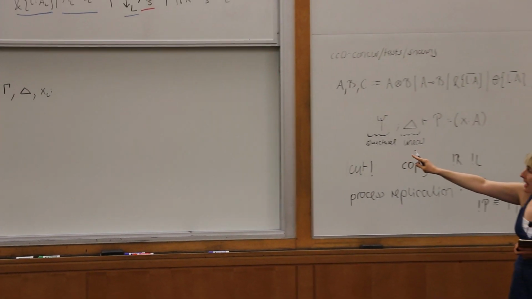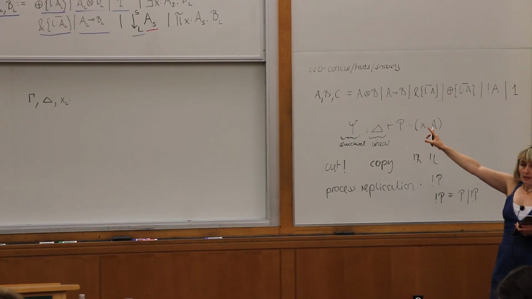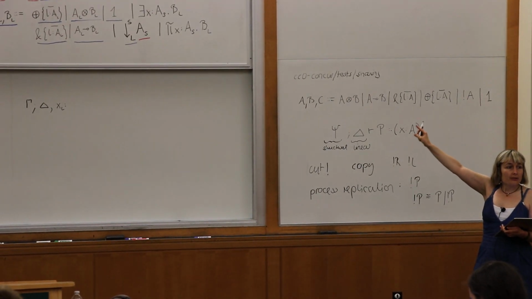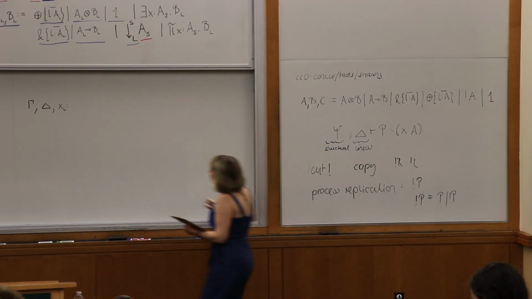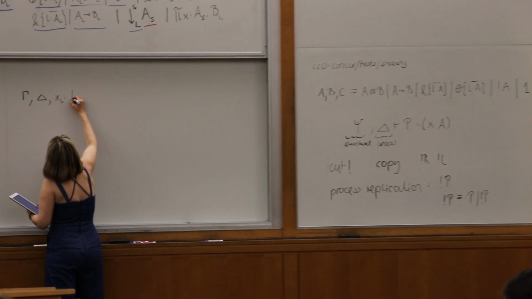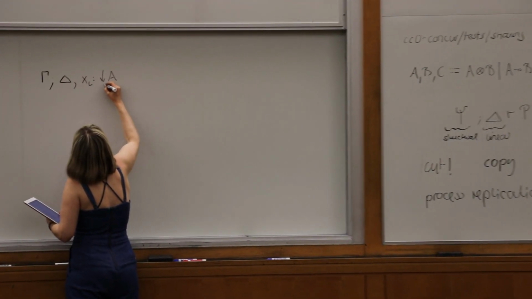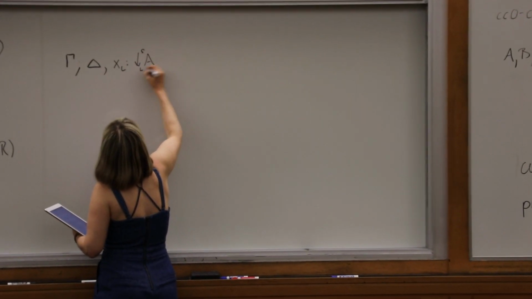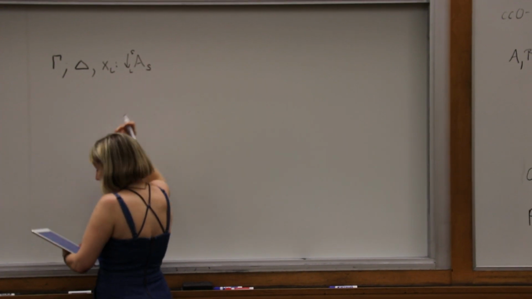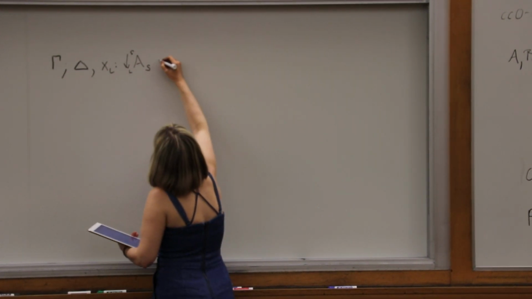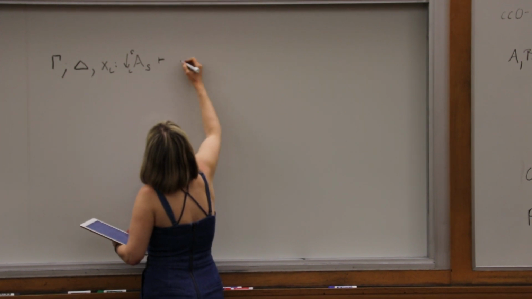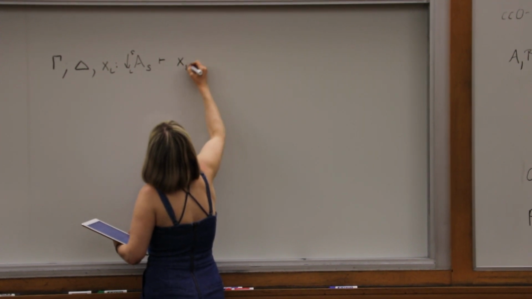What type is this X sub L? Just have a glance at our types. It's a down arrow, exactly. It's a down arrow from S to L of A sub S. And then the process term, I write it down.